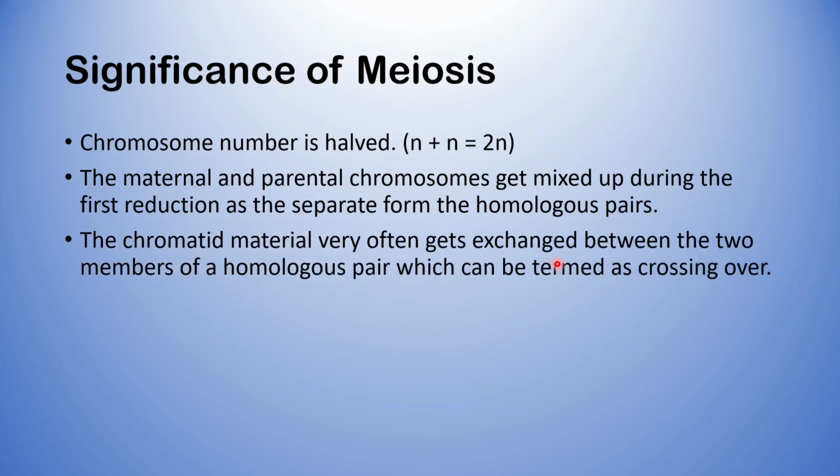The chromatin material very often gets exchanged between the two members of a homologous pair, which is termed crossing over.